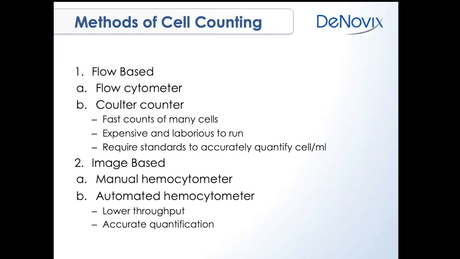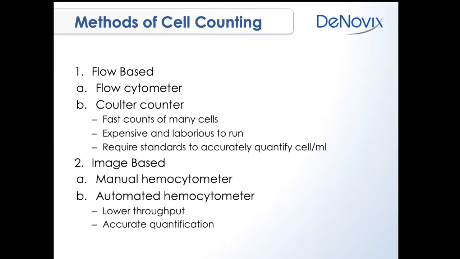They recommend that you either run a bead standard if you want an accurate cell per mil count with your run, or you need to make sure that you're regularly calibrating the pump on your flow-based cell counter. And also, if you just need a cell per mil count, a flow cytometer is going to be really expensive.